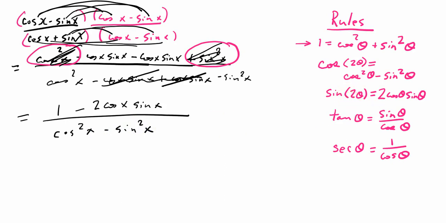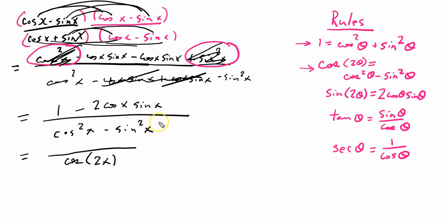Okay, so now I'm going to use my next formula, this one here. This is a double angle formula, and you're allowed to use that. So in the denominator there, we've got cosine of 2x.